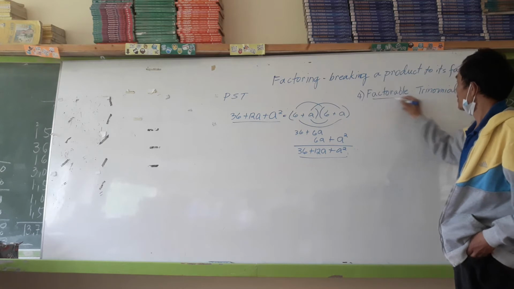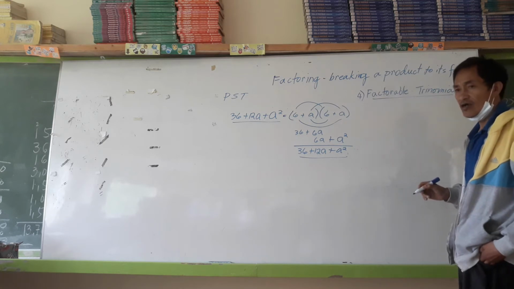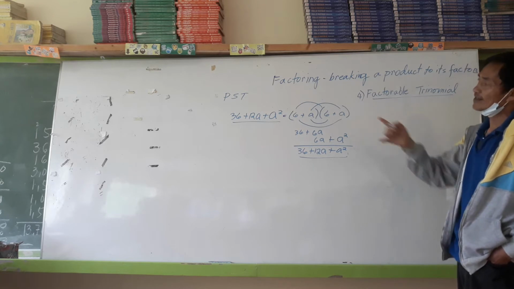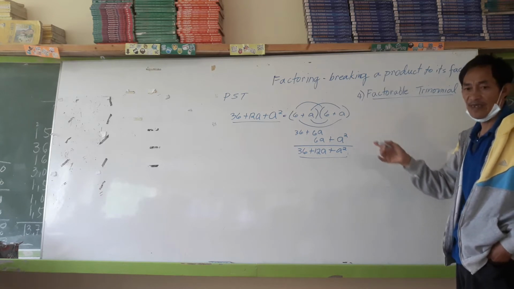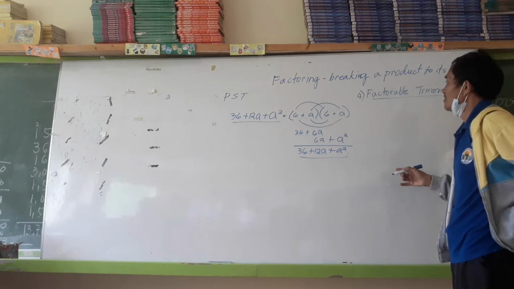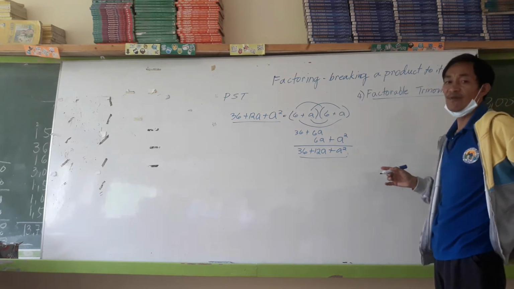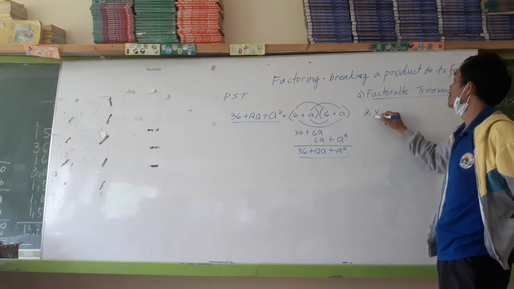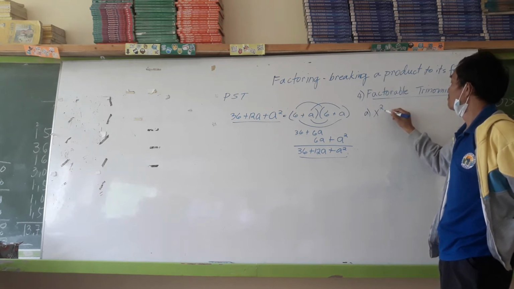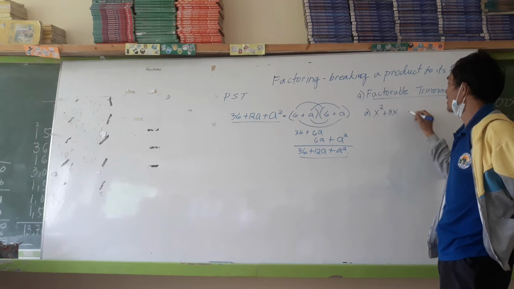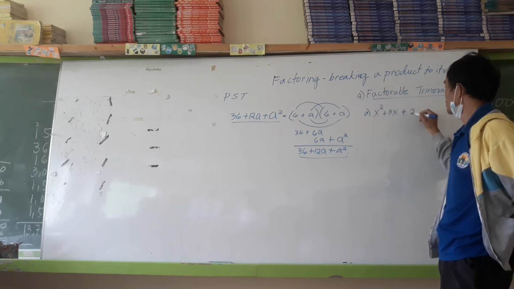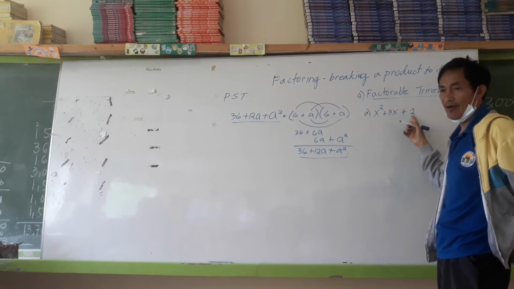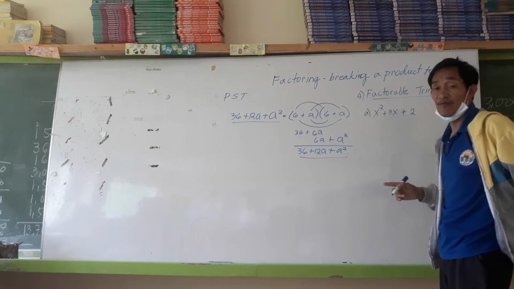So in this factorable trinomial, you're going to be given a trinomial which could not be classified as PST or perfect square trinomial, because one of those terms might not be a perfect square. For example, x squared plus 3x plus 2. Here, you're going to see that 2 is not a perfect square, but the first term is a perfect square.